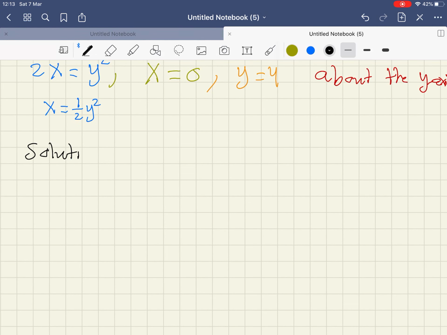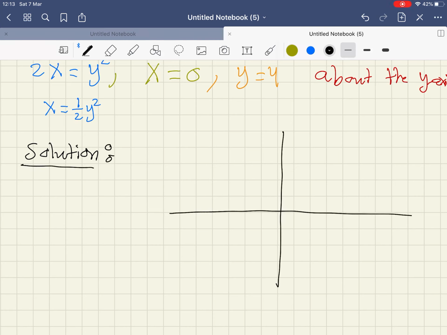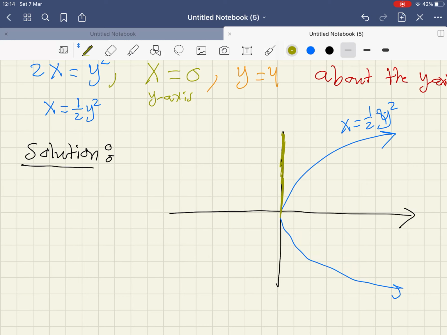So the solution, the first step we sketch. The first one is this one, x equal half y squared. Now x equal to 0, this is the y-axis. So this is this one.